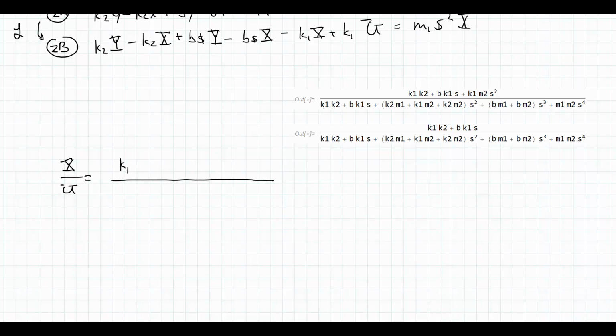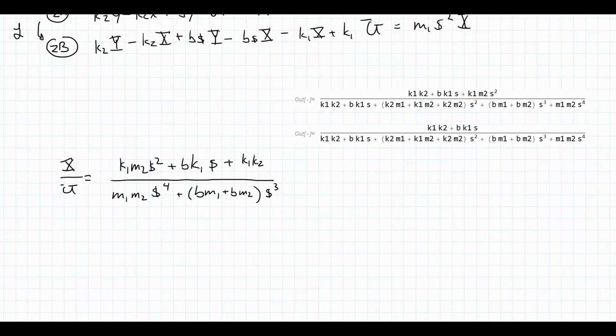So I do have to reverse this: k1 m2 s squared plus b k1 s plus k1 k2 over m1 m2. This is now a fourth power in the denominator, or degree 4, plus b m1 plus b m2 s cubed.